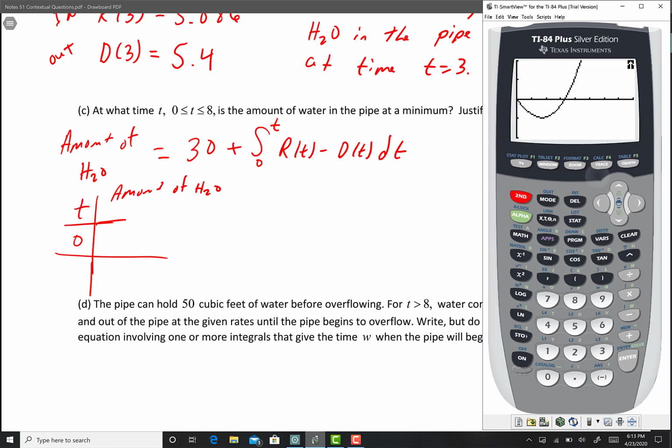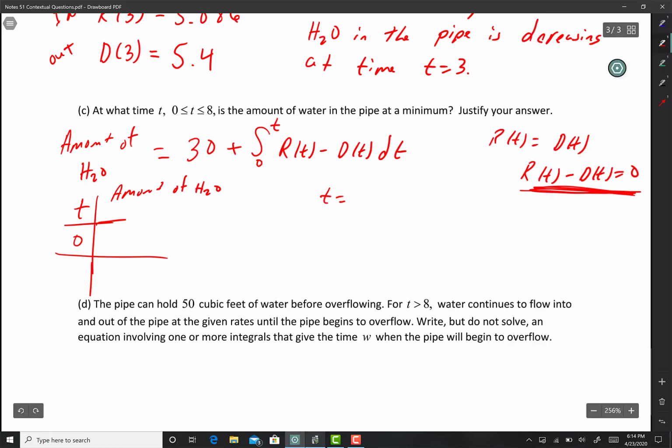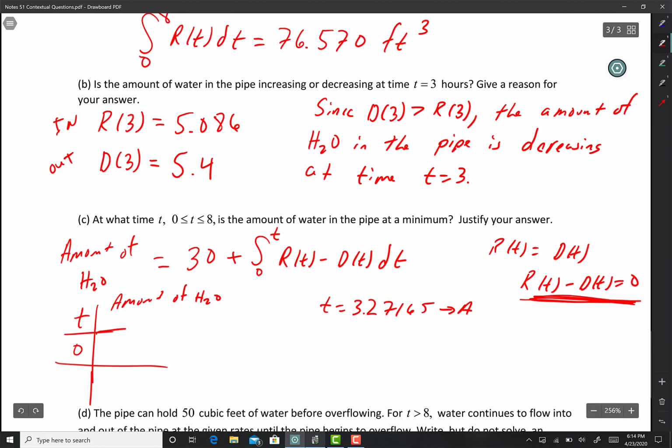So second calculate, 0, left bound, right there, right bound, right there, guess. No, 3.27165, t equals 3.27165. I'm going to store that to A. All right. So initially I have 30.